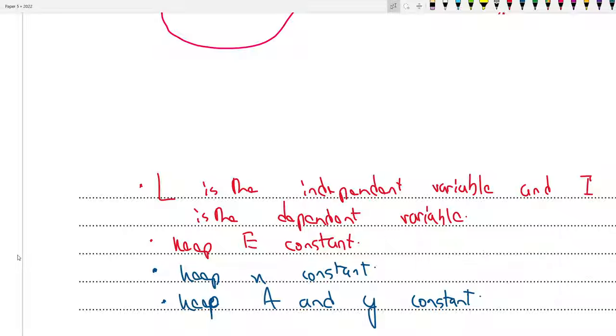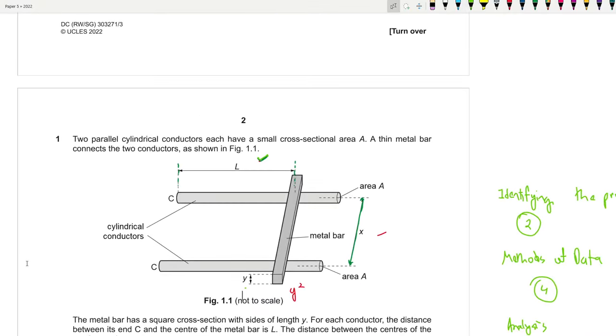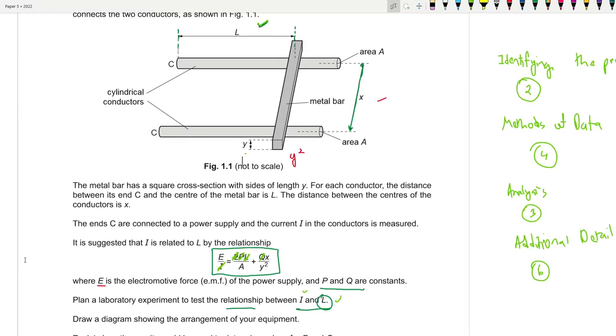That's the safest bet, right? Next, methods of data collection. So we're going to measure L and X using a ruler since they were quite long, and we're going to measure Y using calipers or a micrometer. Okay, so that's it for methods of data collection. And the other two, I told you that methods of data collection has 4 marks, so the other 2 marks are actually present in the diagram.